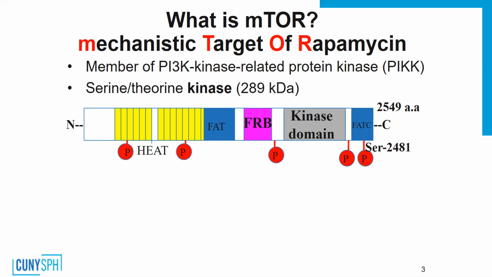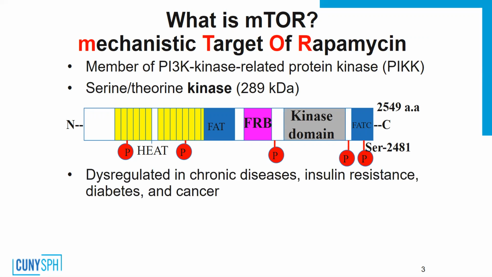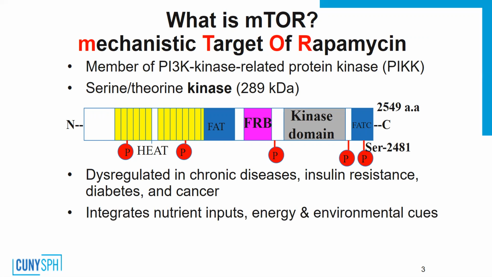And it's a kinase, so it phosphorylates itself by autophosphorylation at the site serine 2481, close to the C-terminus, and then it phosphorylates downstream targets. This mTOR is part of several signaling pathways, and it is dysregulated in chronic diseases, including insulin resistance, cardiometabolic disease, diabetes, and cancer.